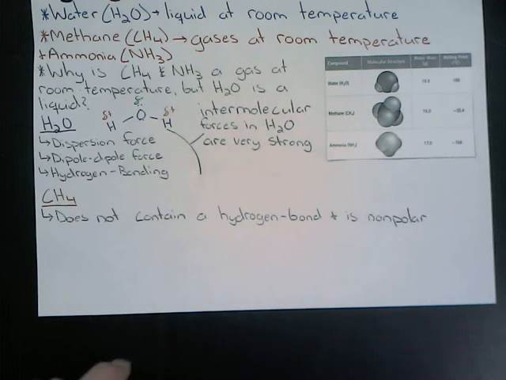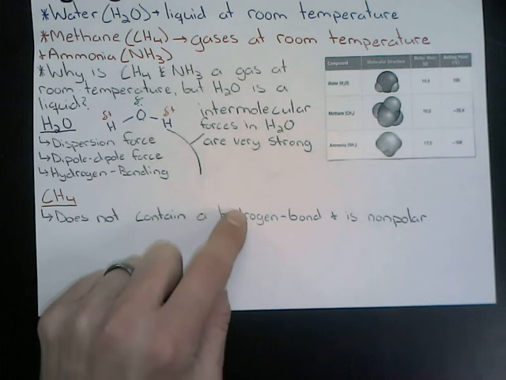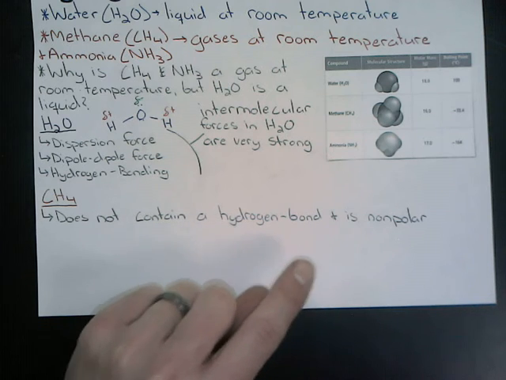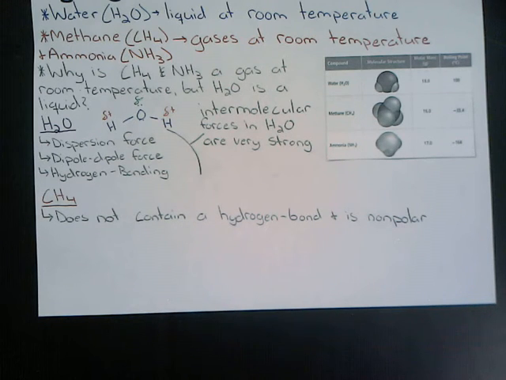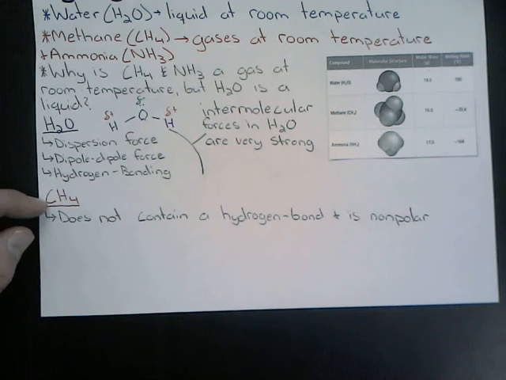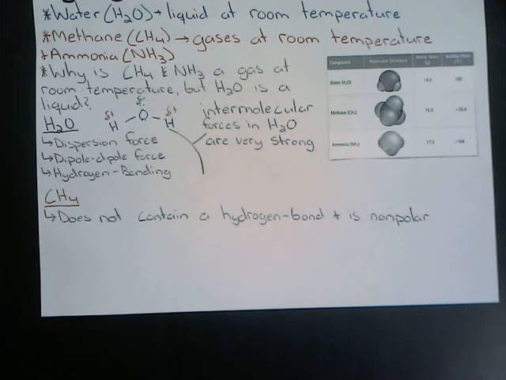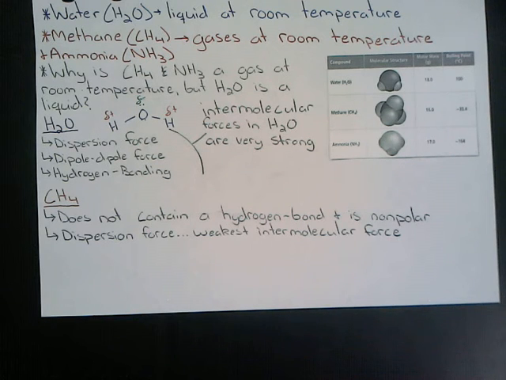So because CH4 does not contain a hydrogen bond and is nonpolar, we have very, very weak forces. And so the only intermolecular force playing on our methane molecules, if they're all together, is the dispersion force. And so, okay, that explains why methane is a gas. It only has dispersion forces, which are the weakest.